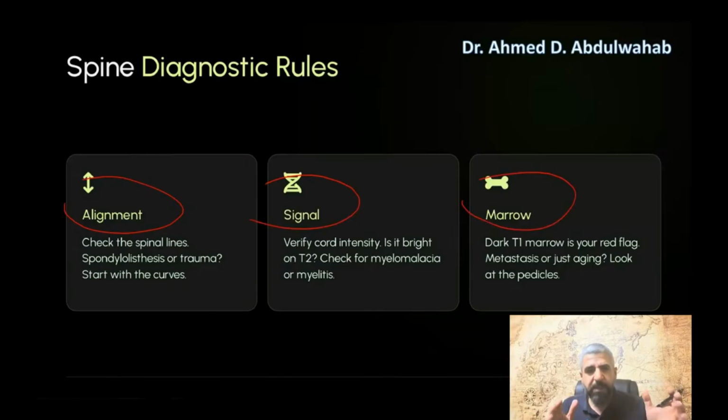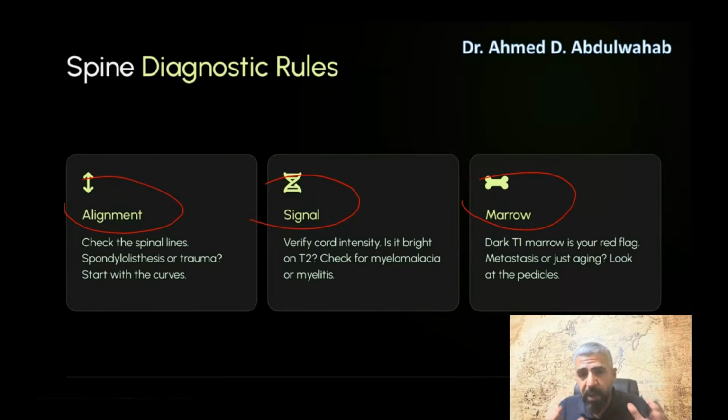Check the spine lines. Are they all straight, as they're supposed to be, or not? Is there spondylolisthesis? Is there trauma? It all starts with the curves. Second, verify the cord intensity. Is the spinal cord of normal signal intensity, or is it bright or white on T2 weighted imaging? Check if there is any myelomalacia or myelitis, and look at the marrow signal.